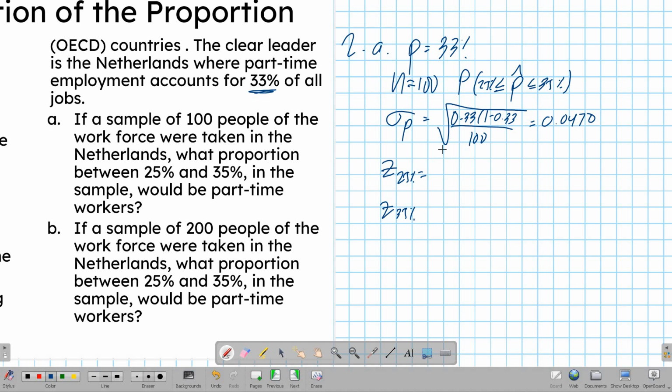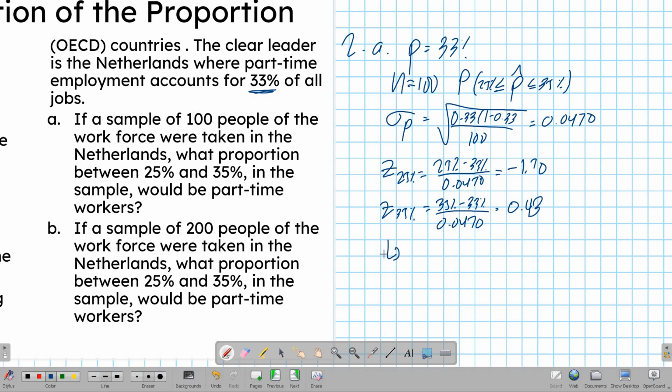For 25%, that's 25% minus 33% over 0.0470, while for 35%, that's 35% minus 33% over 0.0470. Computing this, the z-score for 25% is negative 1.70, while the z-score for 35% is 0.43.